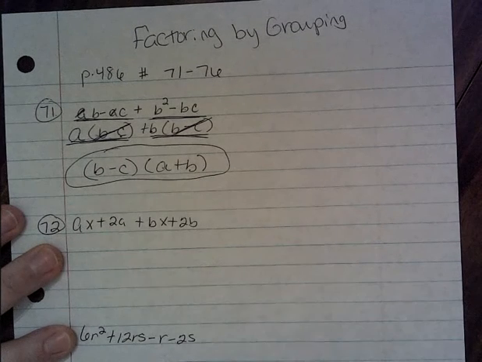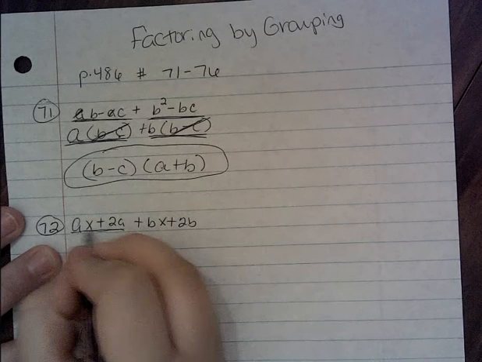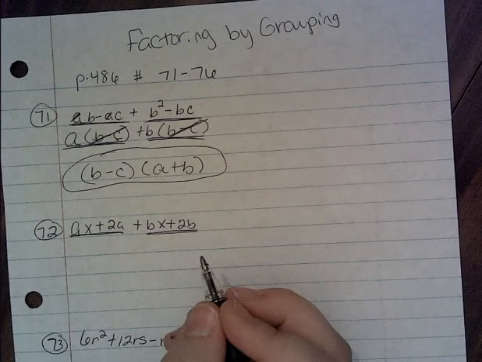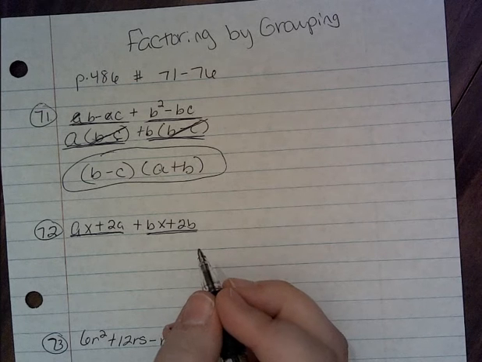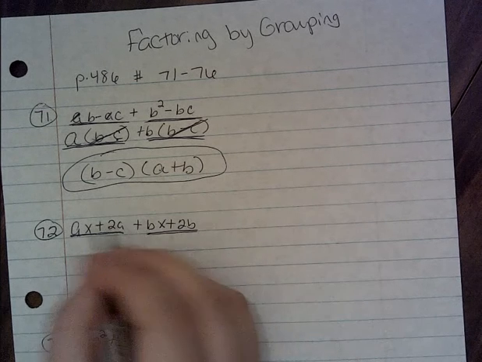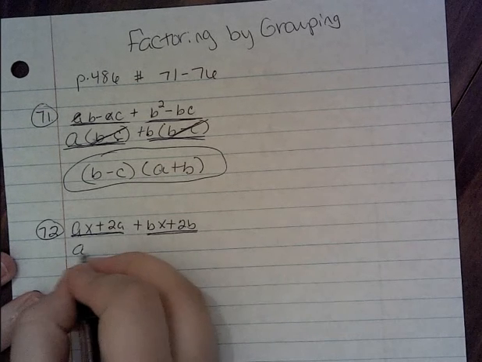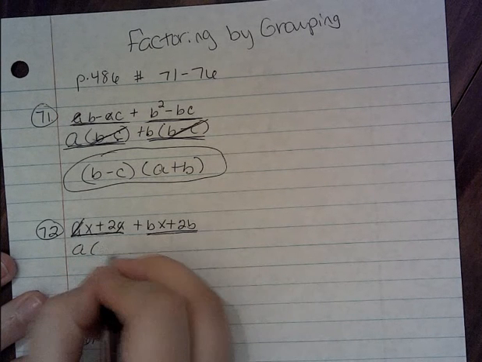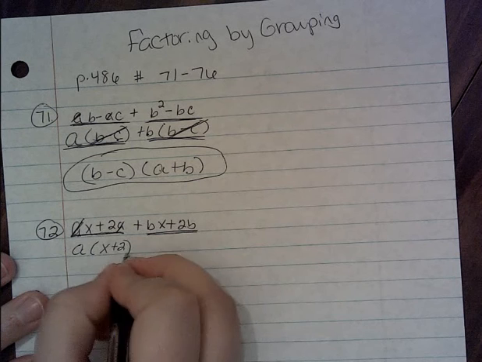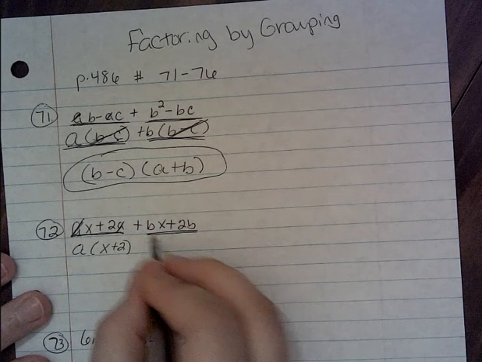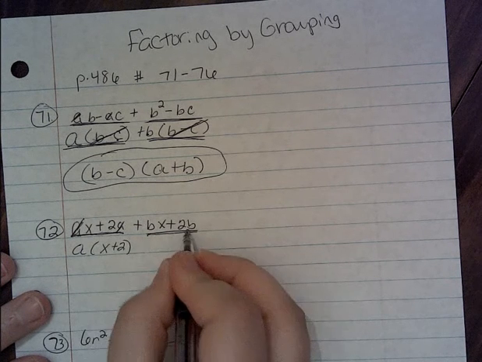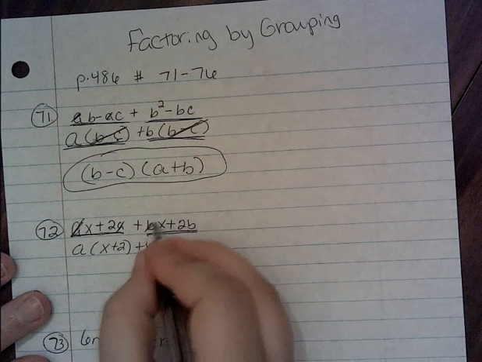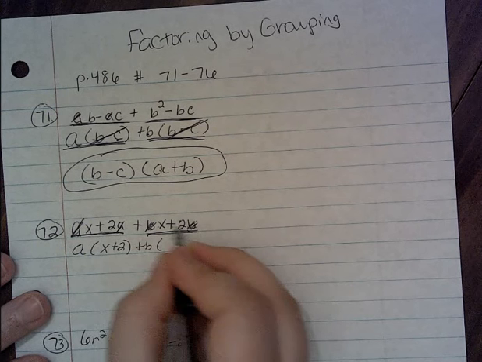So 72, the first thing I'm going to do is underline my first 2 terms, and then I'm going to underline my second 2 terms. So what I have in common on my first 2 terms is an A. So when I take those A's out, I'm left with x plus 2. And then when I look at these 2 terms, I can take out a B, and I'm left with x plus 2.